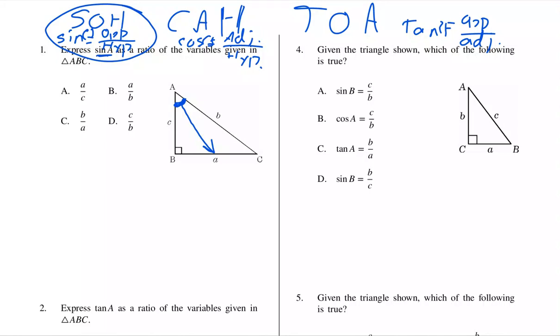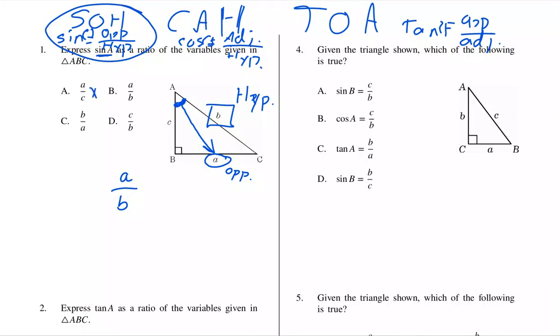When I draw that, this right here is my opposite side of my angle. Then my hypotenuse is always the longest side of the triangle. So B right here is my hypotenuse. So my sine ratio here, we do opposite over hypotenuse, so that is A over B.